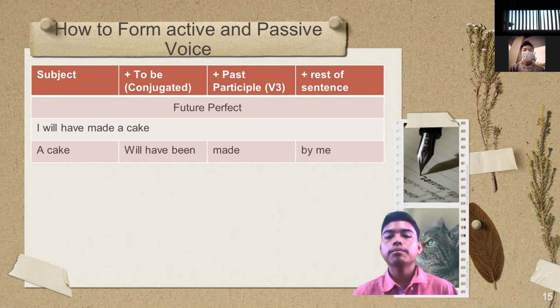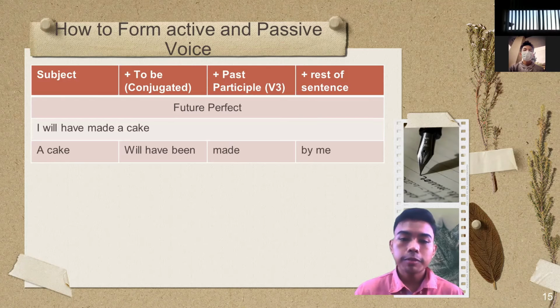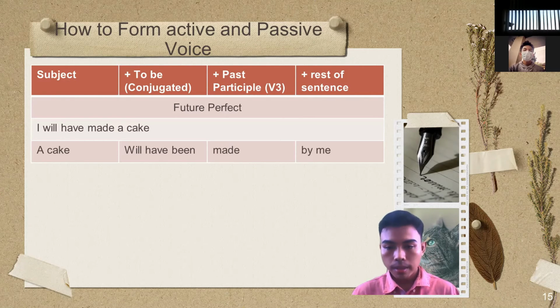And the last one is the future perfect tense. The example sentence is I will have made a cake. The subject is a cake, the to be is will have been, the past participle or verb 3 is made, and the rest of the sentence is by me.